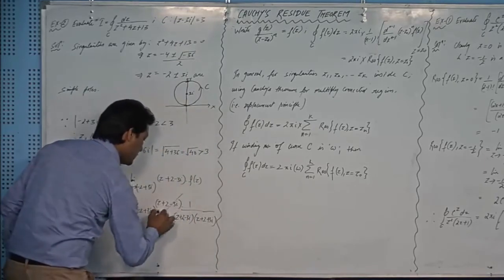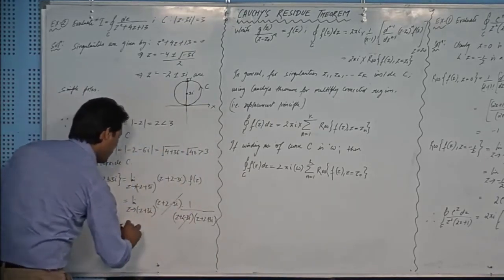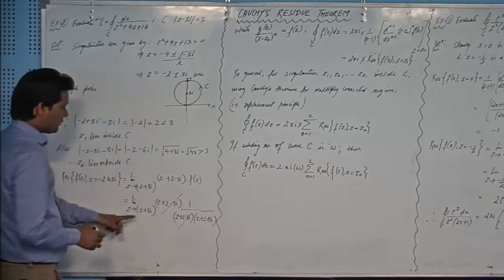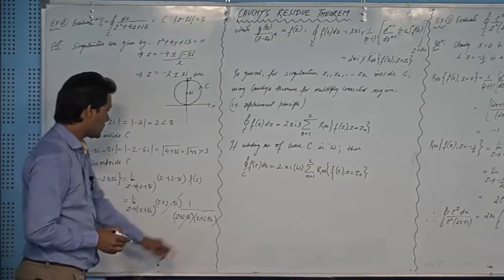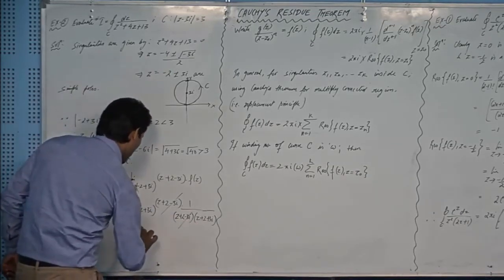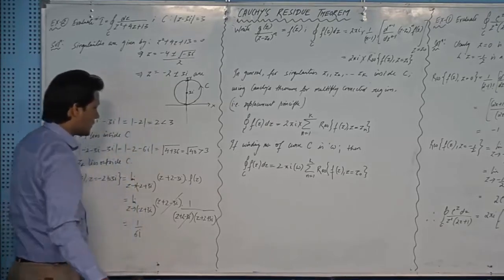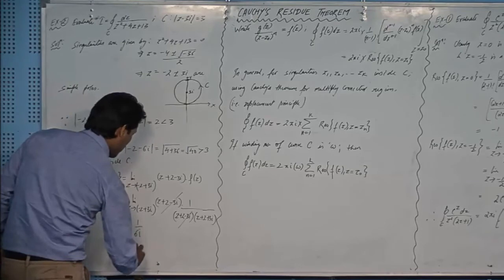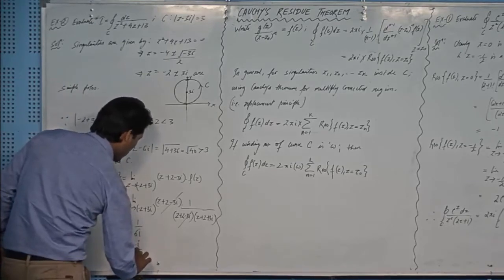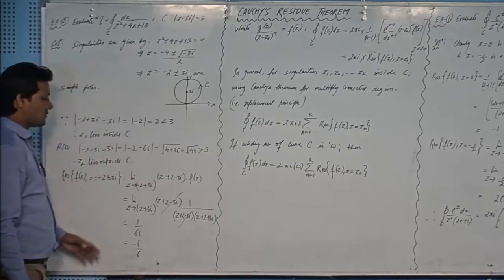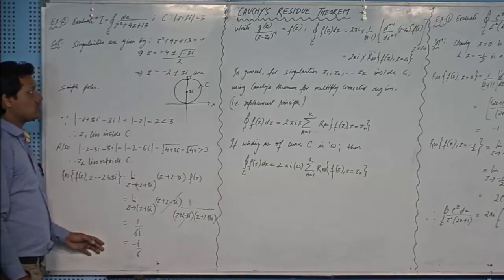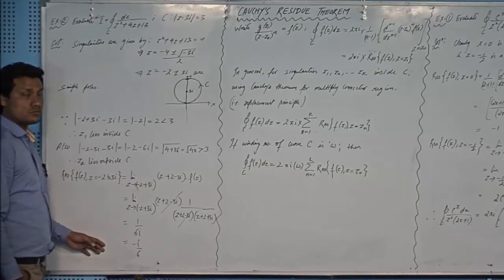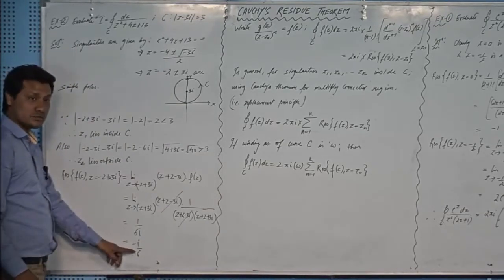In this way the first factor will be cancelled, and then you will plug your z here, and minus 2 will cancel, giving 1 over 6 iota, right? You should rationalize this with iota, and you will get minus iota by 6, and the rest is to use Cauchy's theorem, 2 pi iota multiplied by this thing, right?